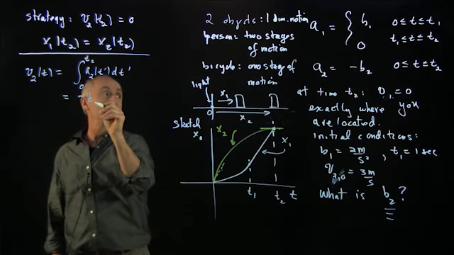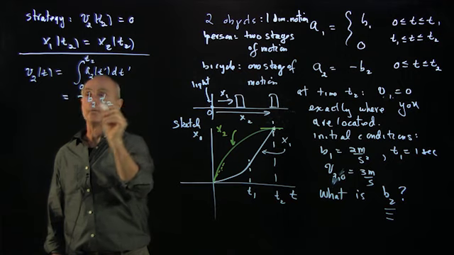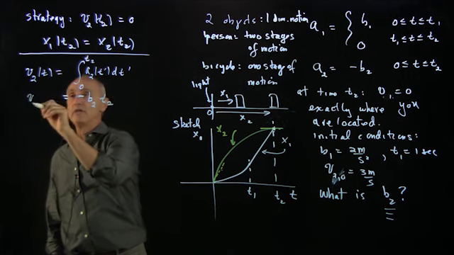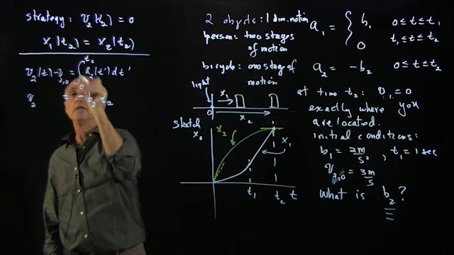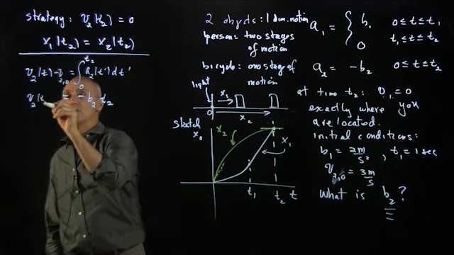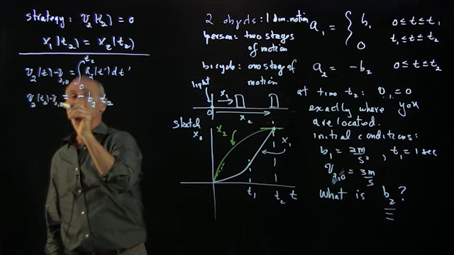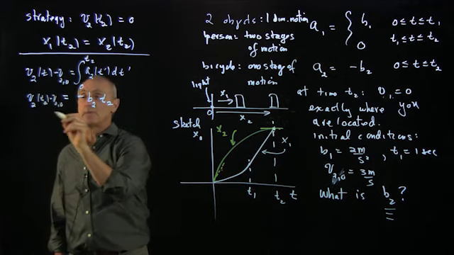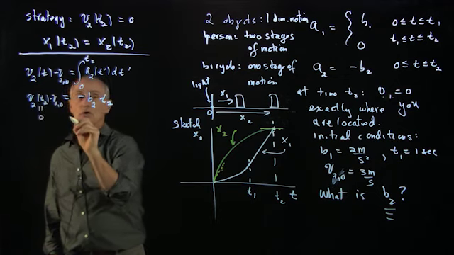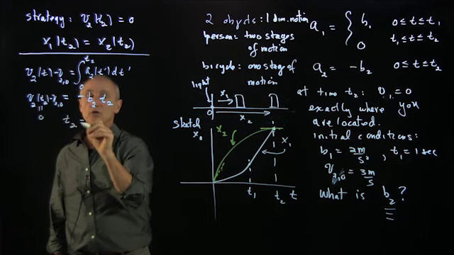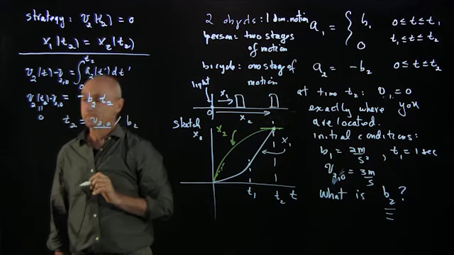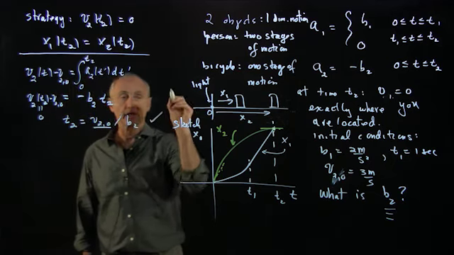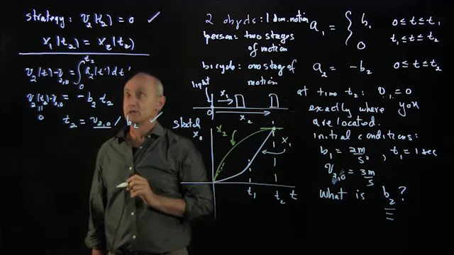This is just b2 t2. v2 at t2 minus the initial speed equals that. And because we want this to be 0, we have the condition that t2 equals v2 naught divided by b2. So that's our first condition for the bicyclist.